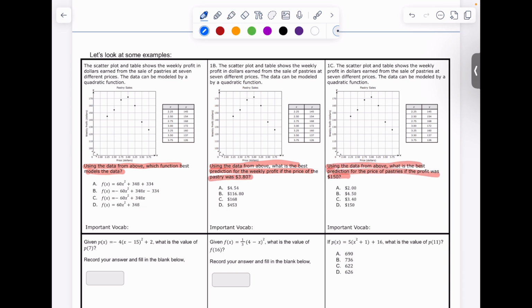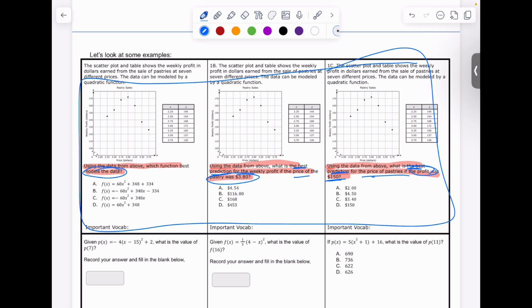This first one says, which function best models the data? This one says, what is the best prediction when weekly profit was pastries 380? This one also says best prediction when the price of the pastries profit was 150. So here we have to really determine what are we looking for. These questions may look the same, but all of them look for something different.